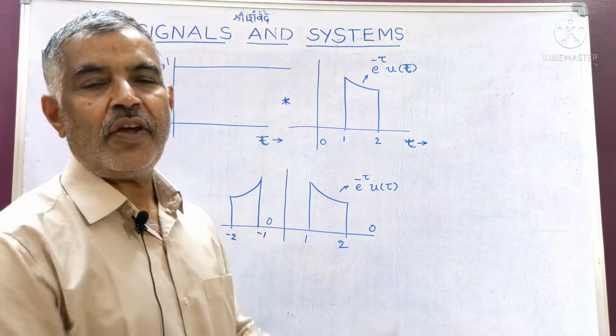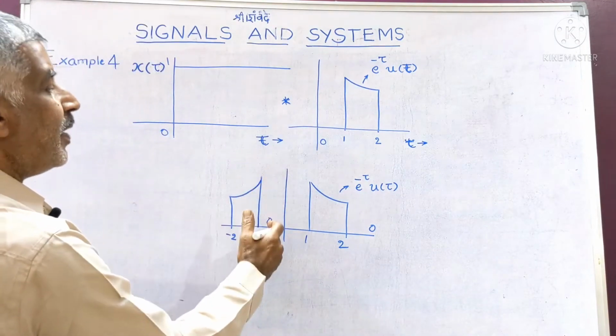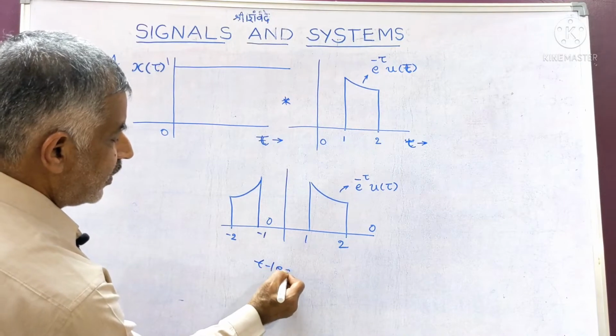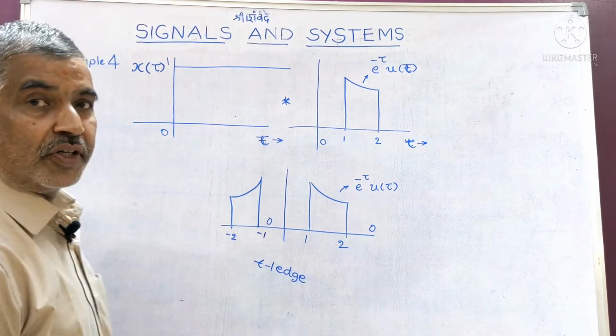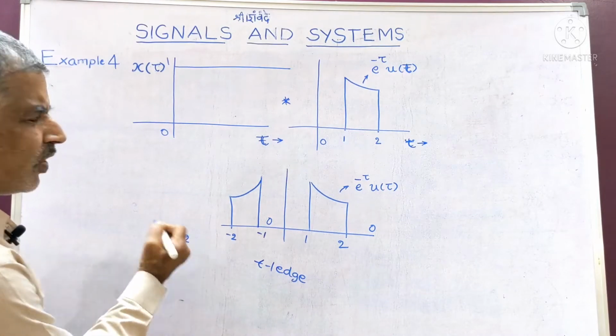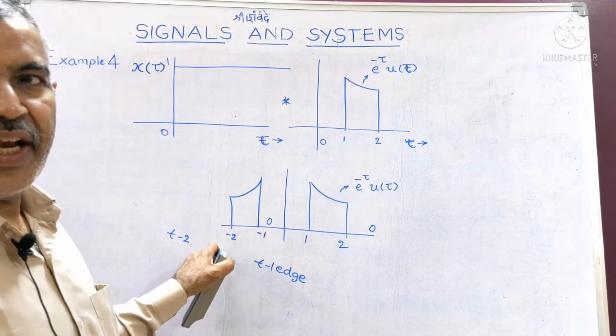If you shift the waveform by t units to the left, then this will be called the t minus 1 edge. Now students should be very careful. This is the t minus 1 edge, whereas this edge is t minus 2, because t gets added respectively with minus 1 and minus 2.